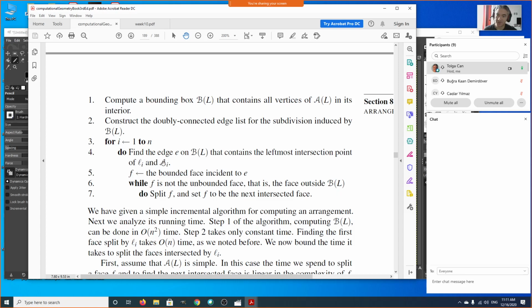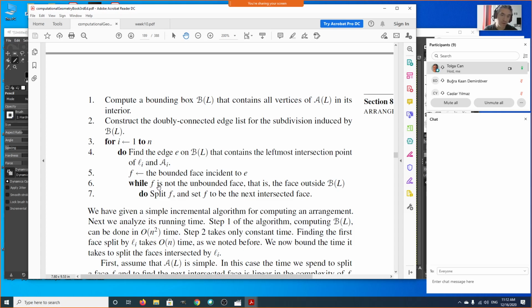After you find the entry point, you start with that face F, and until you exit the bounding box, steps 6 and 7 are the walk, the traversal in the doubly connected edge list by following the next and twin pointers of those edges.